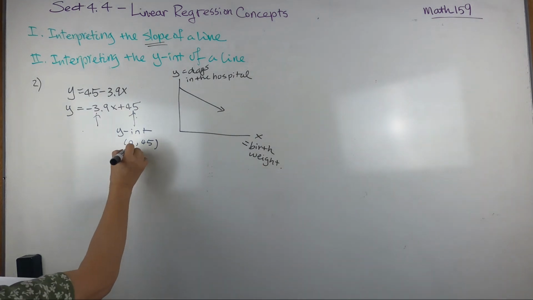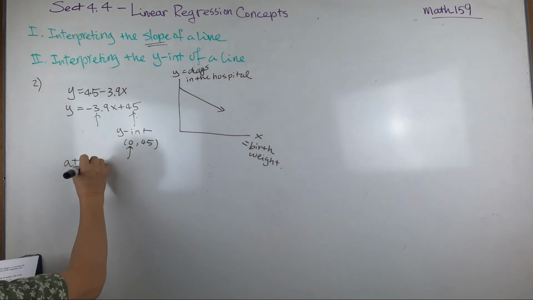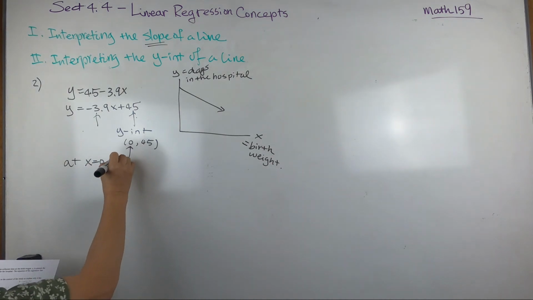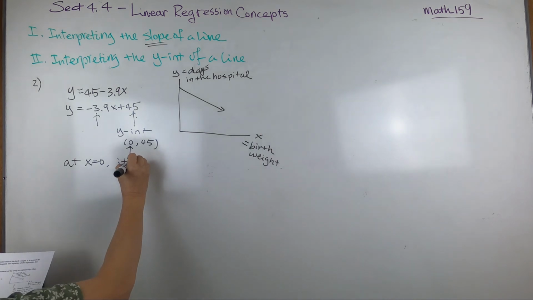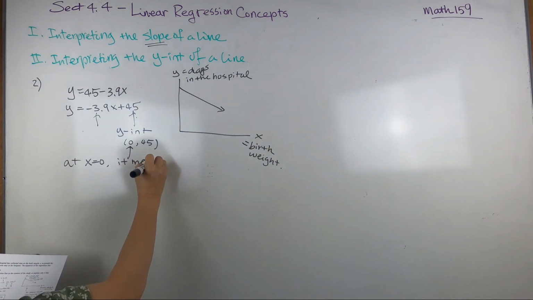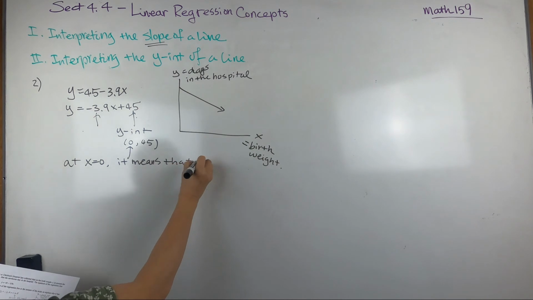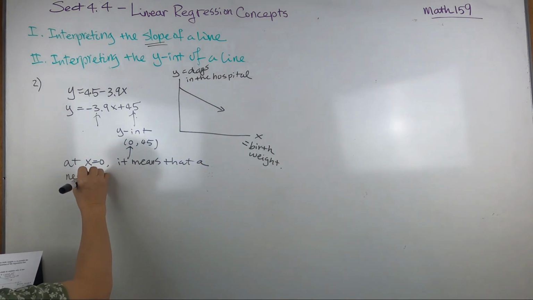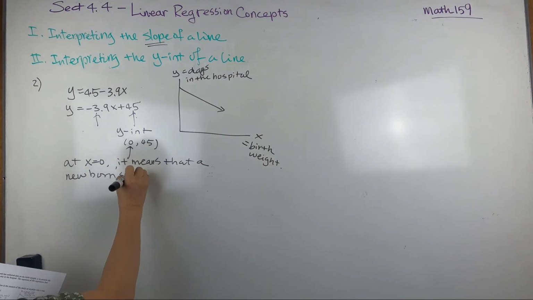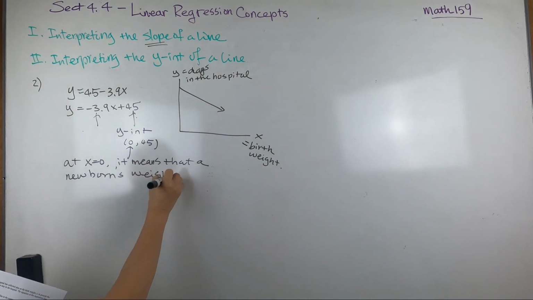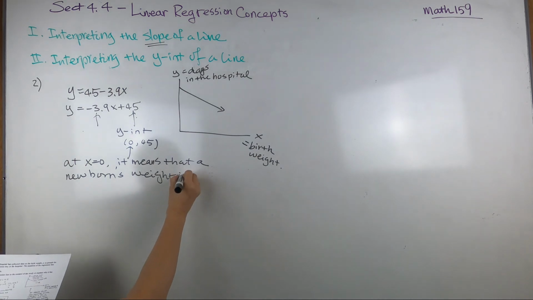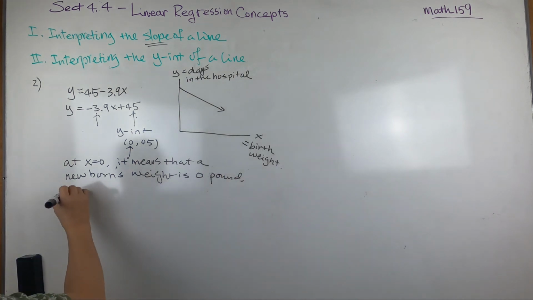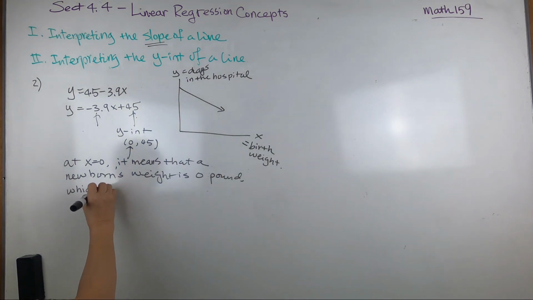It means that at x is 0, a newborn weighs how much? Birth weight is 0 pounds. Is that possible? That makes no sense.